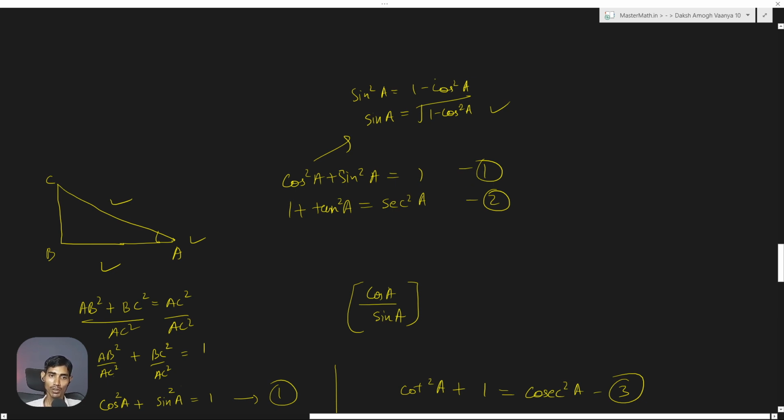Third thing, because it is 1 minus cos square A, which happens to be 1 square minus cos square A, which is the a square minus b square form of the algebraic identity, therefore we could have 1 plus cos A and 1 minus cos A. Same, just the extension of these identities.